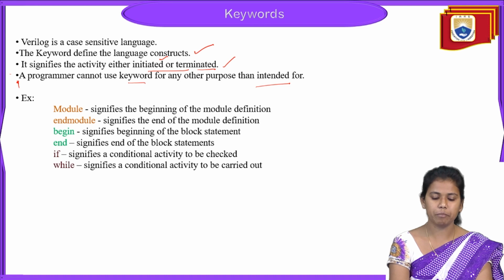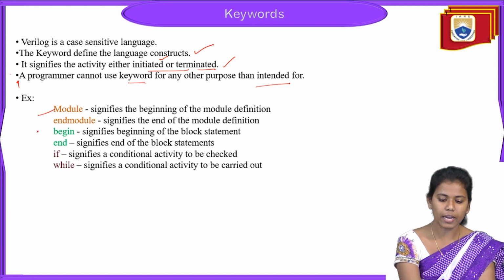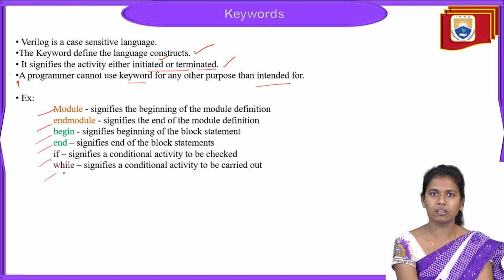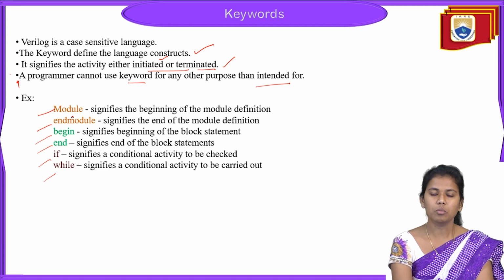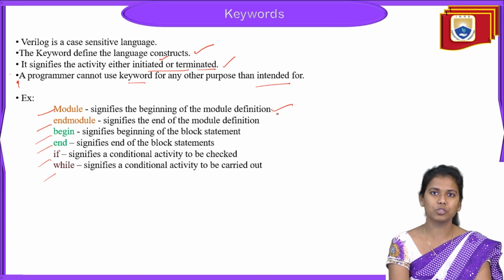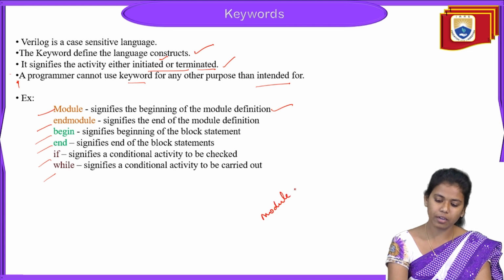So here in the example we have module, end module, begin, end, if, while. These are a few of the keywords that we mention when we write the Verilog program. The module signifies the beginning of the module definition. In the previous class, in the module concept, I explained what a module is.